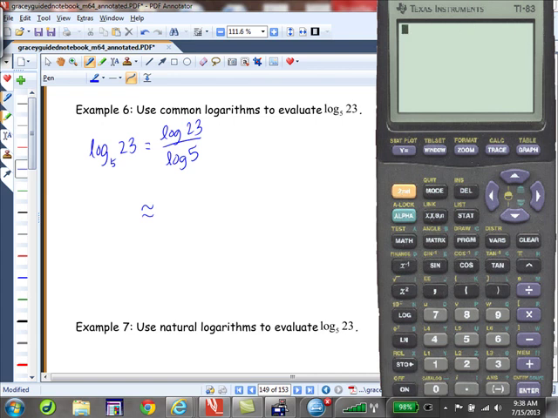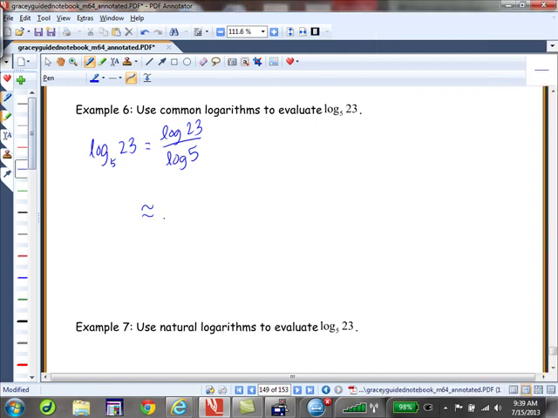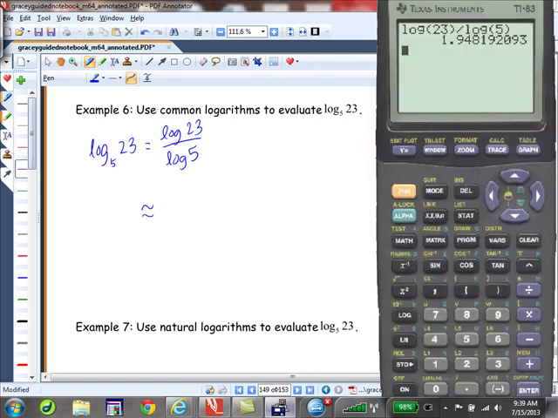So we have log 23. You've got to make sure you end the parentheses before you hit the divide sign. And then we'll have divided by log 5. And we get approximately, what was it?